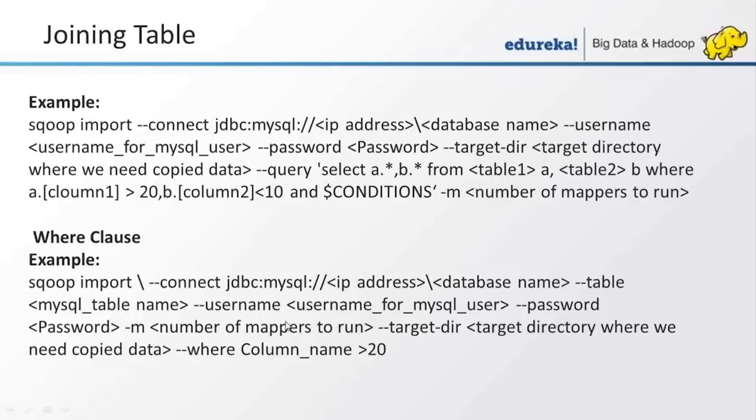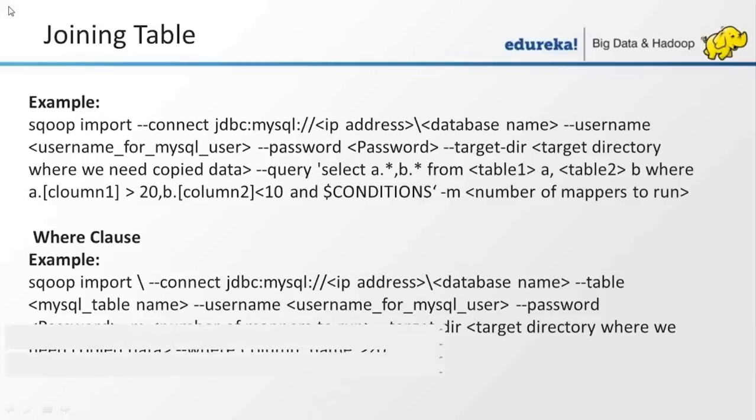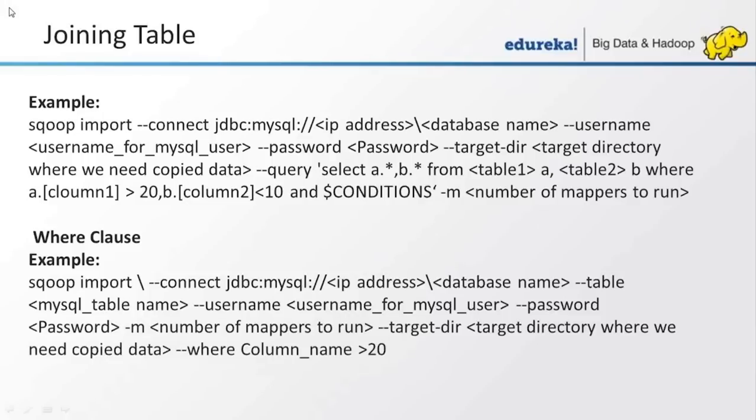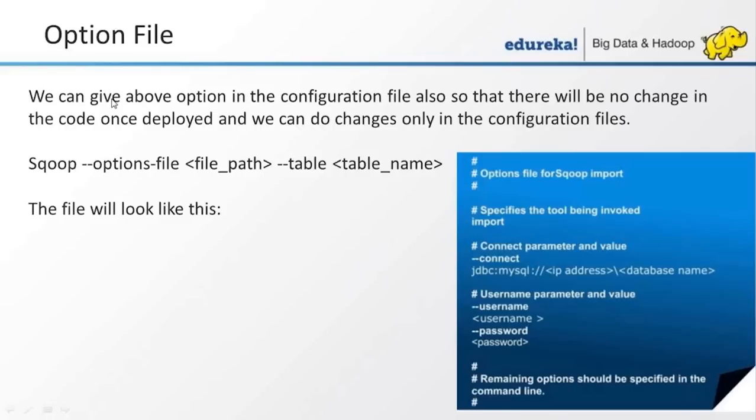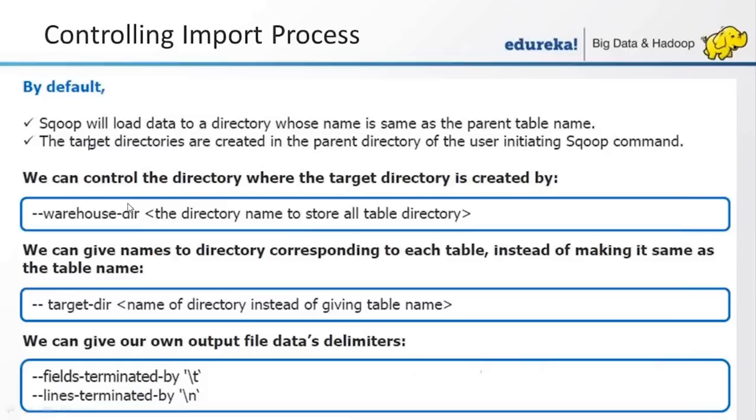If you want to filter the data without a select query, you can also put the where keyword, right? We have seen this as well. So the option file also, we have taken a look at how the option file works. That also we executed in one example, and I showed it to you, right?